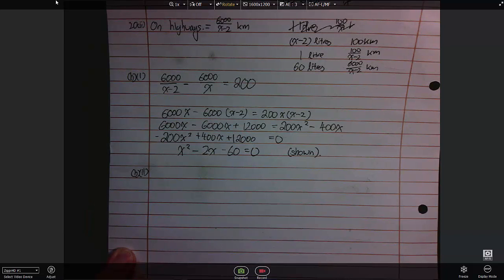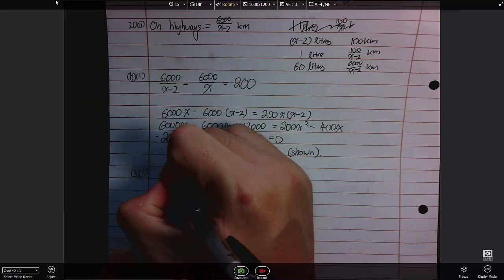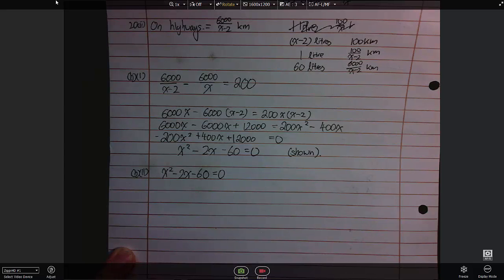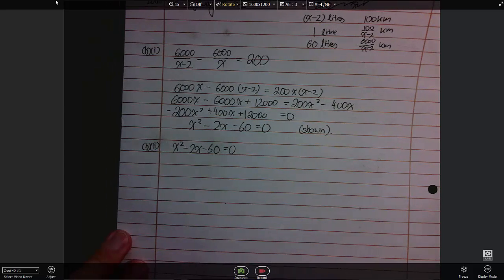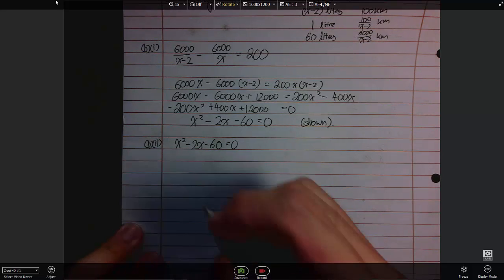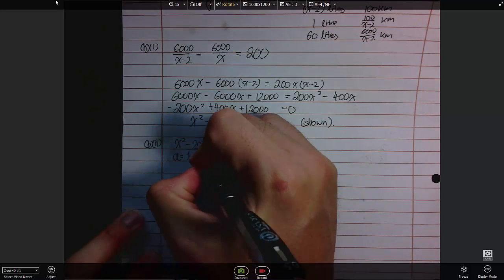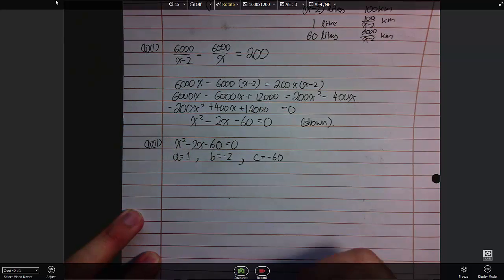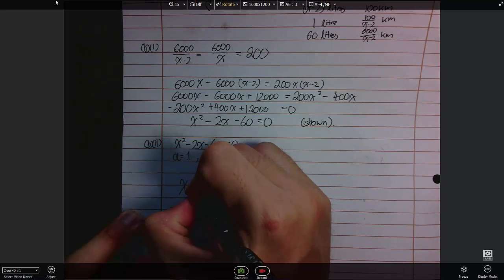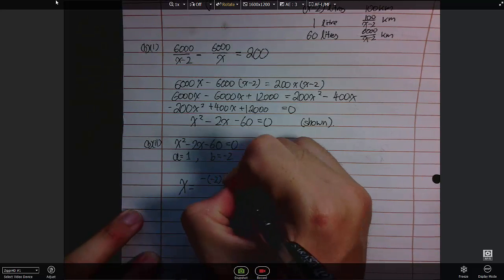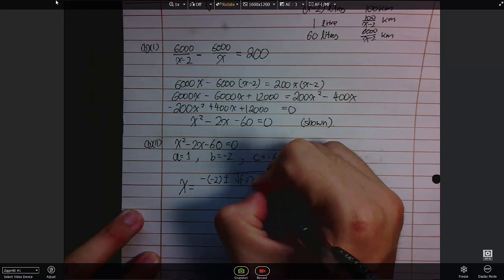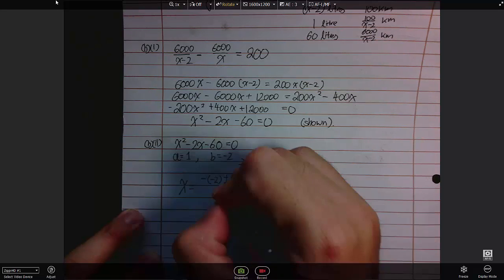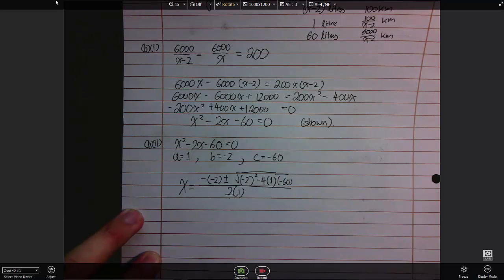Okay, 20b part 2 works like this. They say solve the equation. So x squared minus 2x minus 60 equals 0. You notice that many of the things that we have done before, now we have to actually use. So first, I notice that a equals 1, b equals -2, and c equals -60. So I apply the quadratic formula: minus -2 plus minus square root of b squared minus 4ac, over 2a.